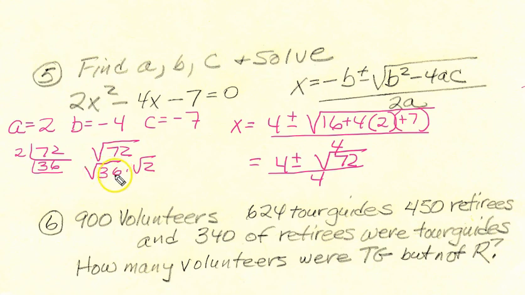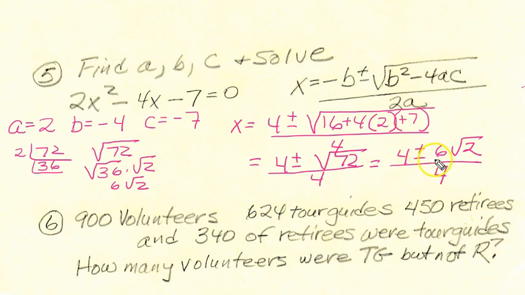The square root of 36 is 6, the square root of 2. So then this will become then 4 plus or minus 6, the square root of 2, all over 4.